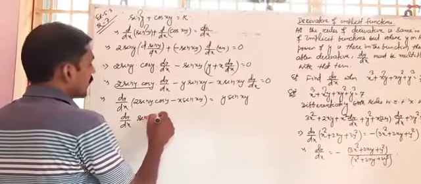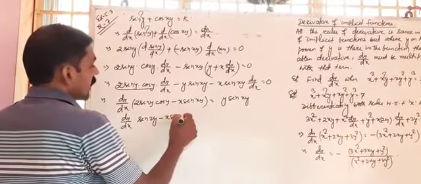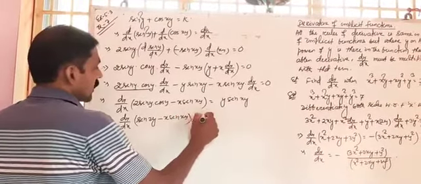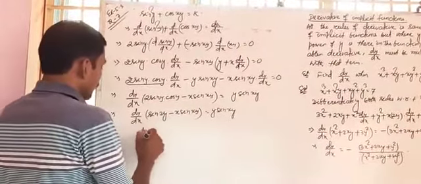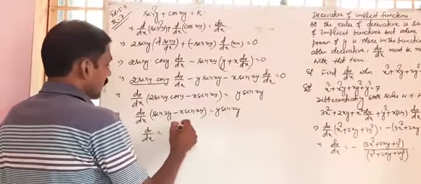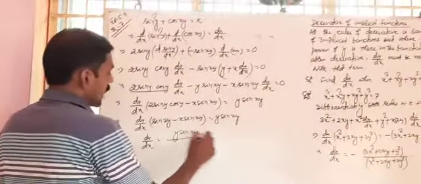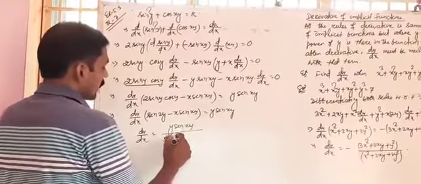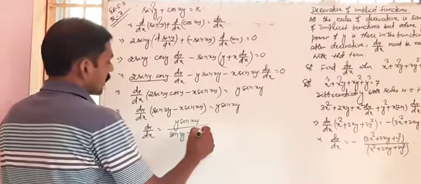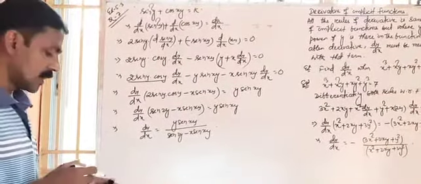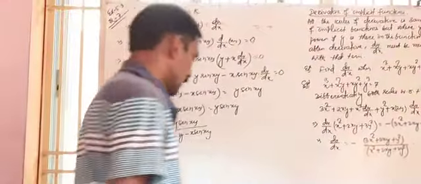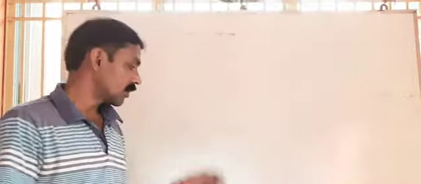So you can write (sin 2y minus x sin xy) dy by dx equal to y sin xy, or dy by dx equals y sin xy divided by (sin 2y minus x sin xy). This is the answer. Okay.